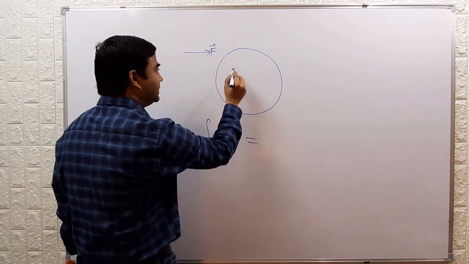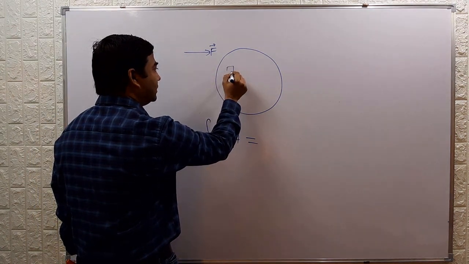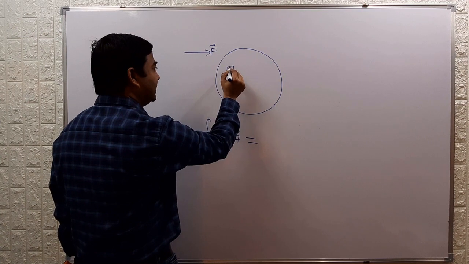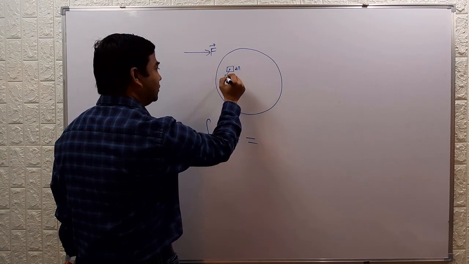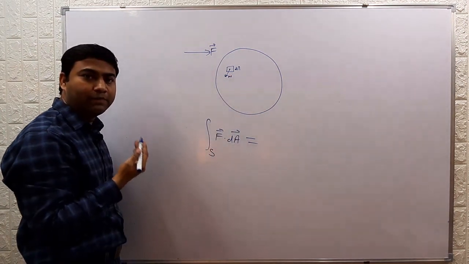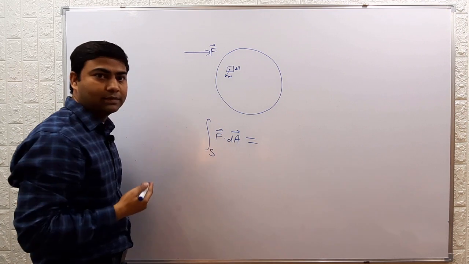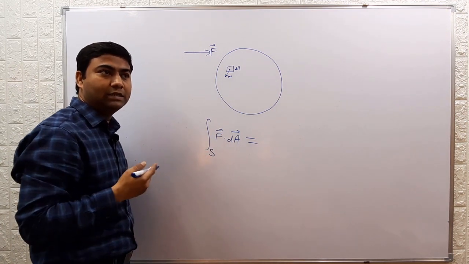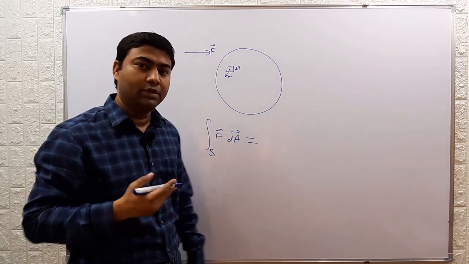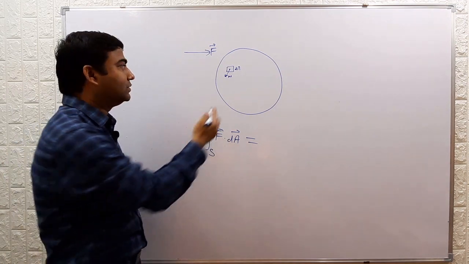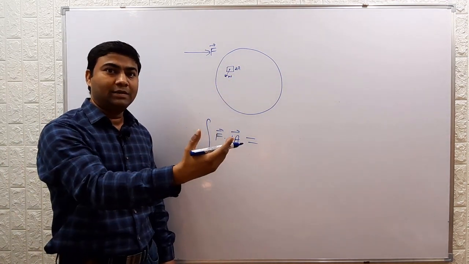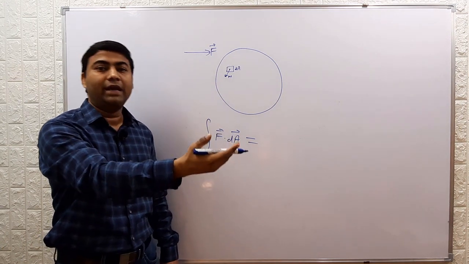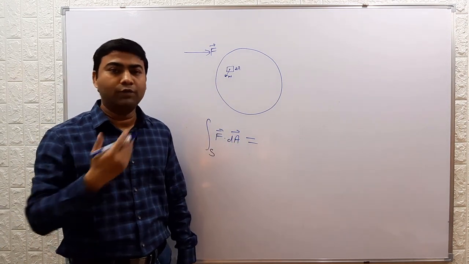We will divide this surface into small area vectors. This is dA, and the direction of the area vector is outside, perpendicular to the surface. For a closed surface, as I have already mentioned, the direction of the area vector is always perpendicular to the surface and outward from the surface.